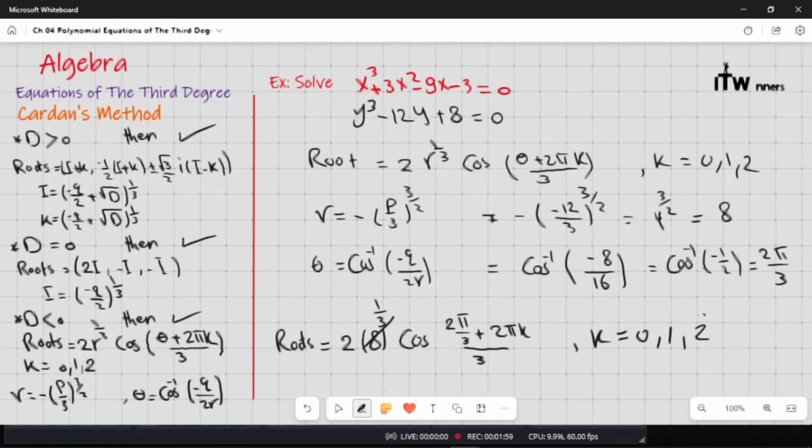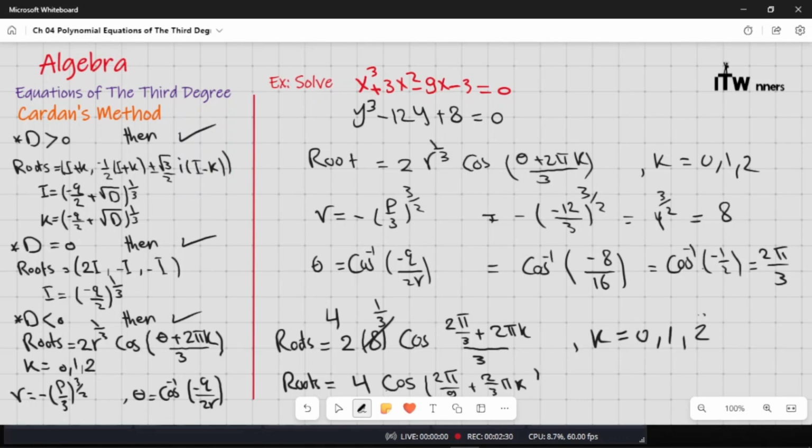Here we have 4. So the roots are equal to 4 times cosine of 2 pi by 9 plus 2 pi by 3 times k.